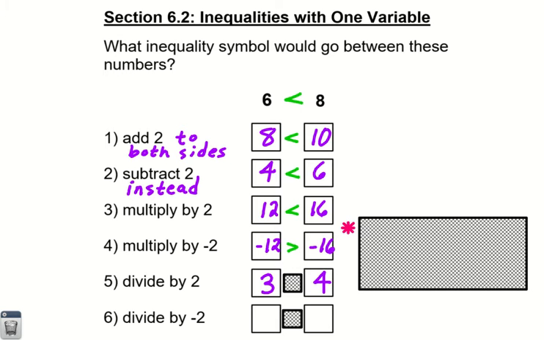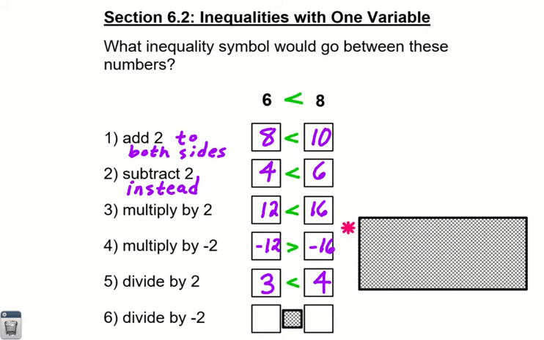And so 3 is what than 4? Oh, that's right. Swerved ya. 3 is less than 4. I can't remember if that was on purpose or not. But anyway, 3 is less than 4.